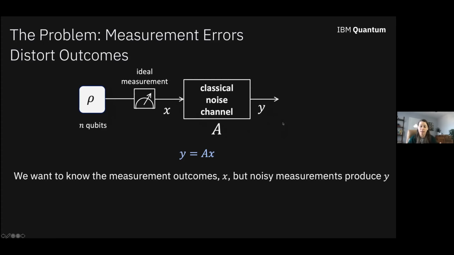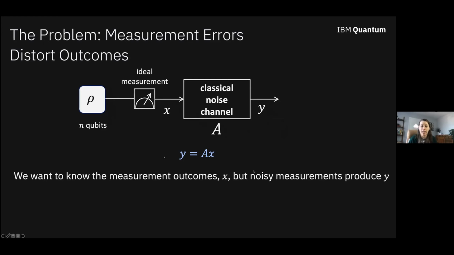Now, if we have a system of 20 qubits or more, and our measurement errors are what we would still consider small, sub 1%, on a large enough system, our results are still going to be washed out by that measurement error.